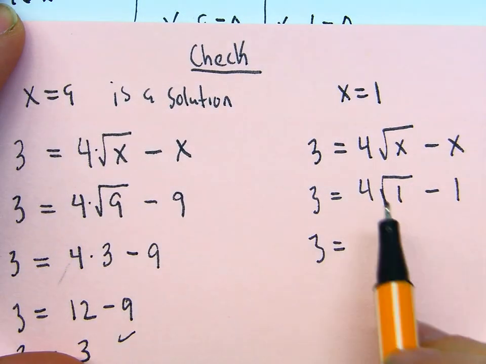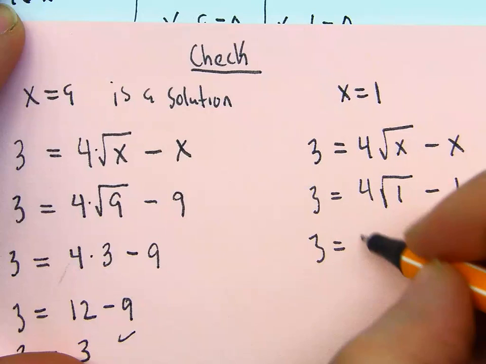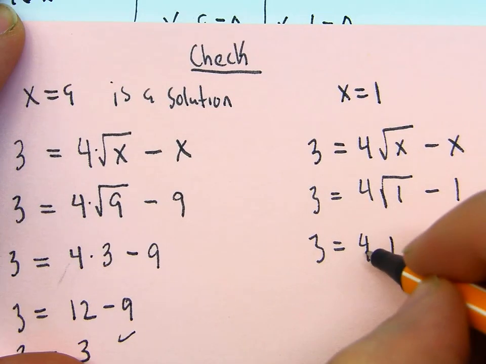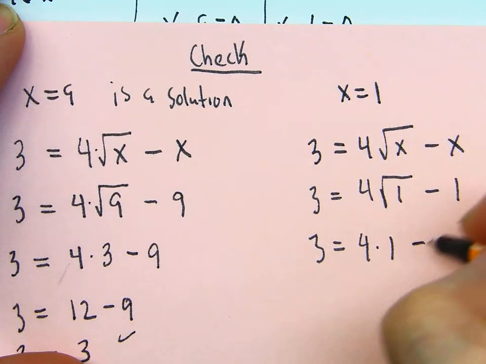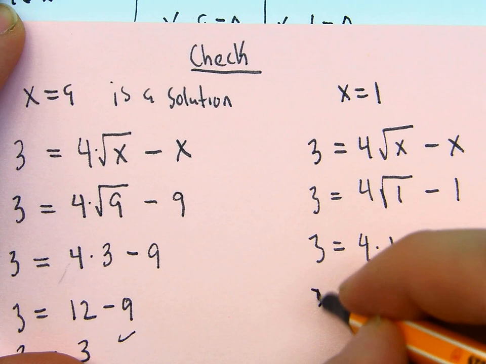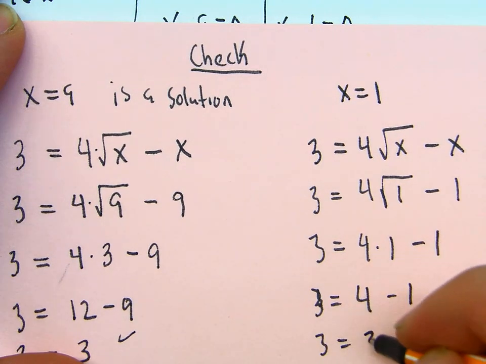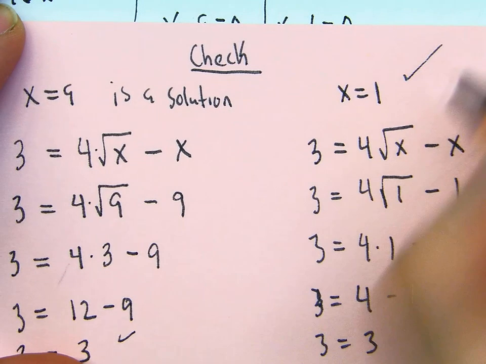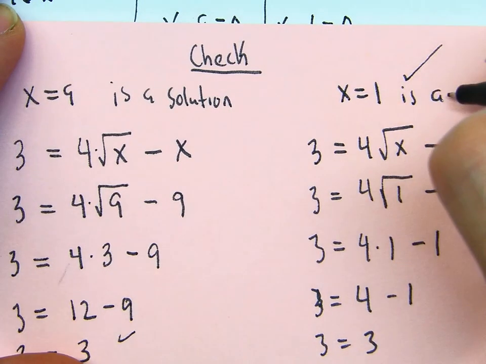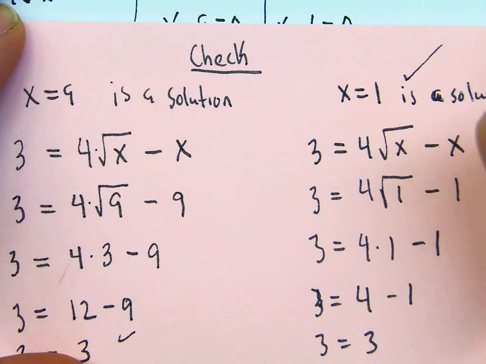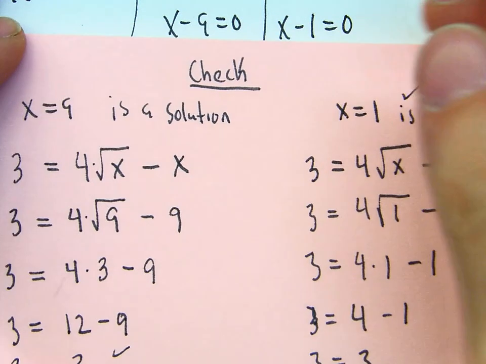Okay, well, what is the square root of 1? It's 1. And what happens with the 4 and this 1? It multiplies minus 1. Here, 3 equals 4 minus 1. 3 equals 3. So x equals 1 is also a solution. Okie dokie. So, happy face.